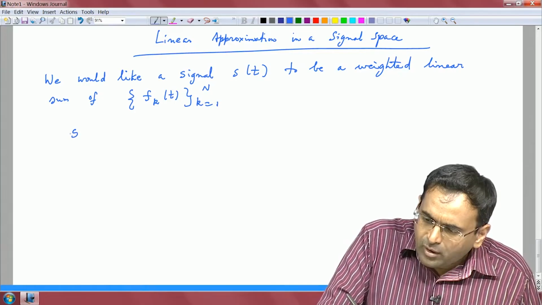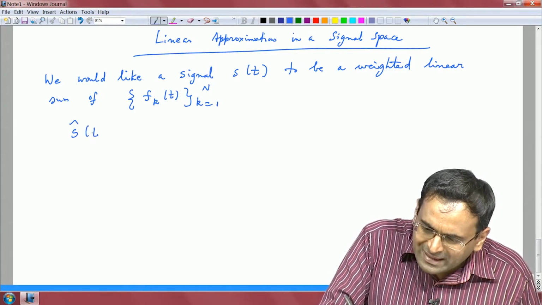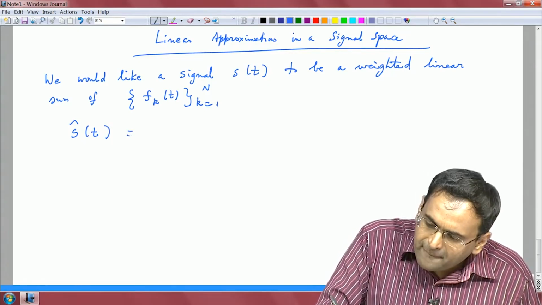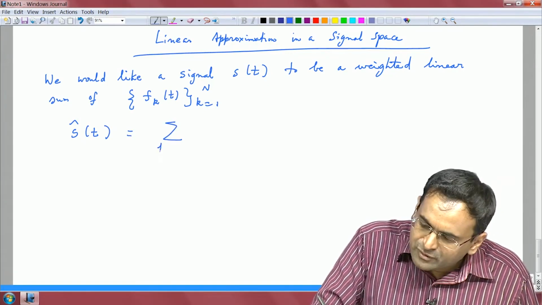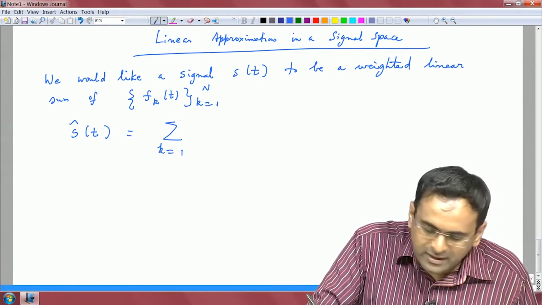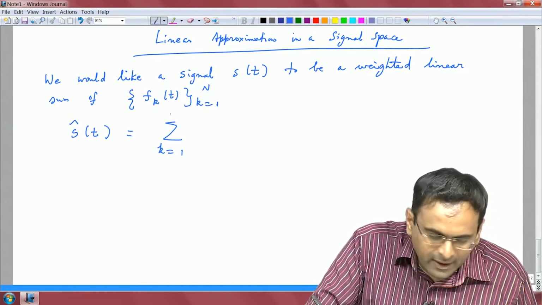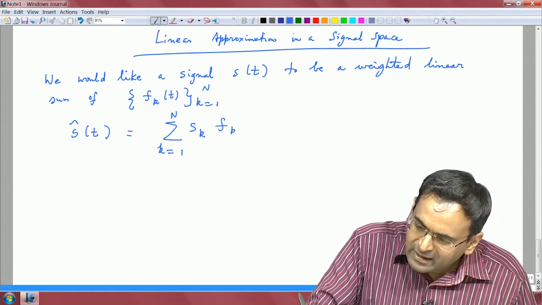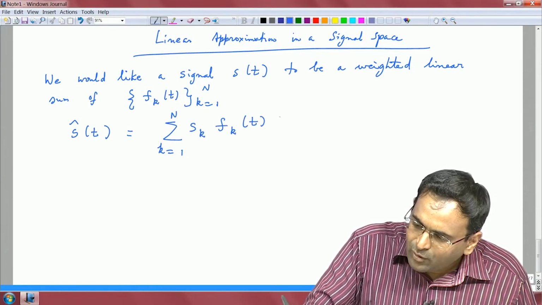That is, we want an approximation to S of t which is in this form. S hat of t is summation k equals 1 to n sk fk of t.